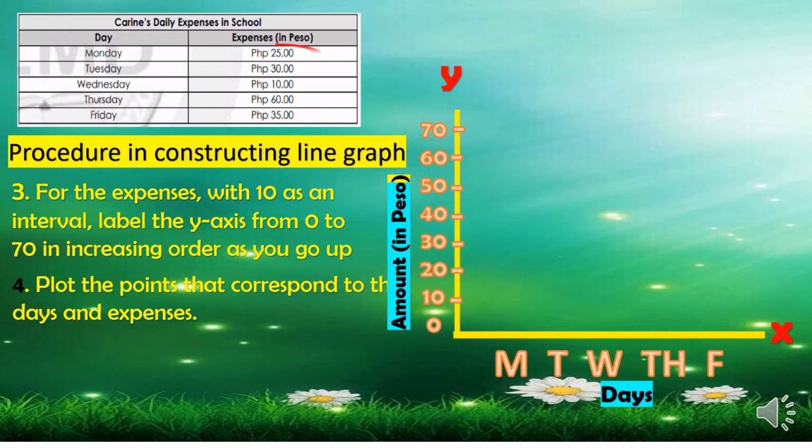So we have on Monday, 25 pesos, that is between 20 and 30. Then we have 30 on Tuesday, 10 pesos on Wednesday, 60 pesos on Thursday, and 35 pesos on Friday.